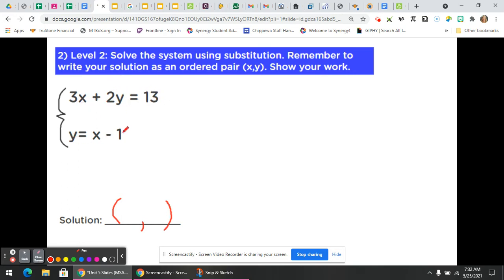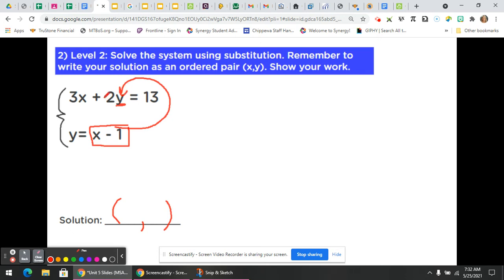The second equation is in slope-intercept form, and notice that my y is isolated. So this is the one that I'm going to choose to help me find one of my variables. And so x minus 1, I am going to substitute in instead of this y right here. So I'm going to be plugging that in, replacing, substituting right now.